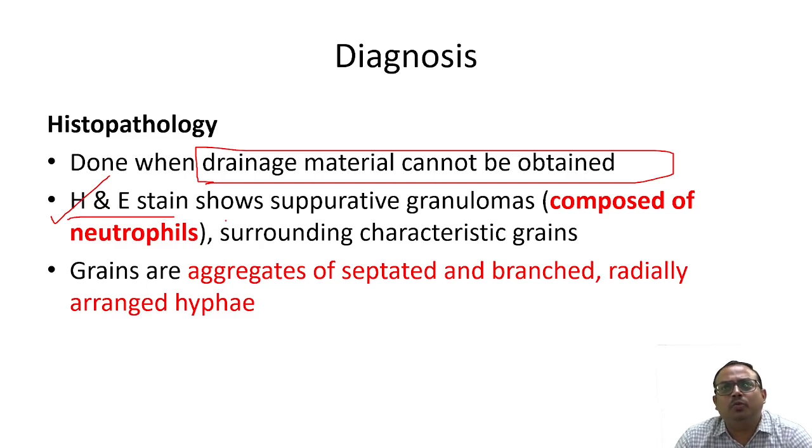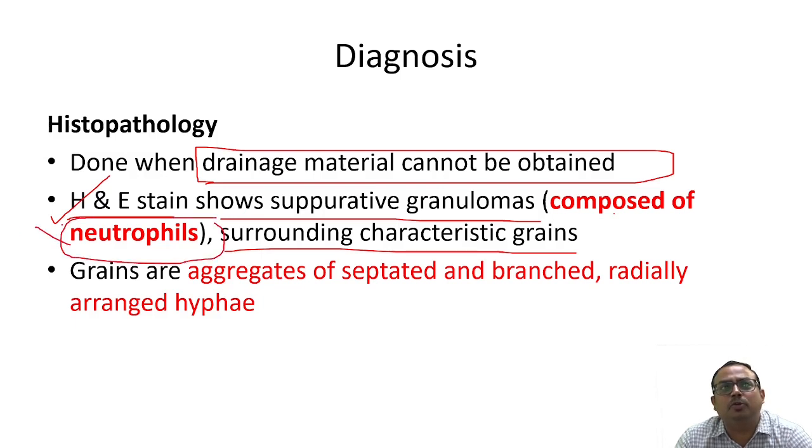What you visualize there is a suppurative granuloma surrounding the grain. The granuloma is composed of neutrophils. It is not composed of lymphocytes, as it was asked in the question. So it is a neutrophilic suppurative granuloma.